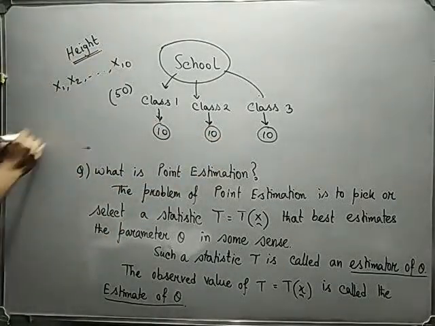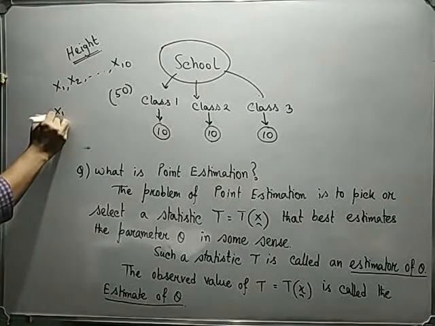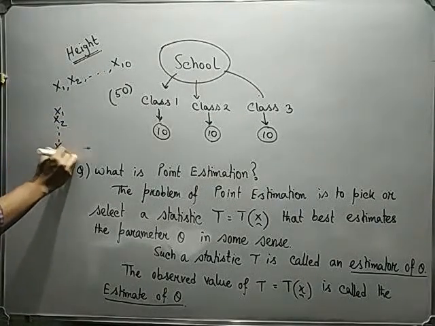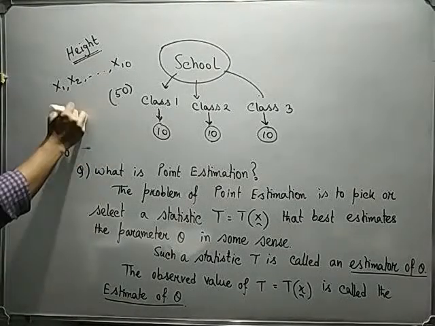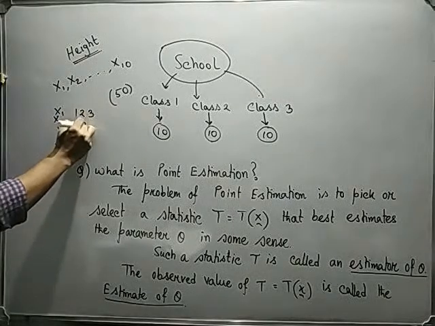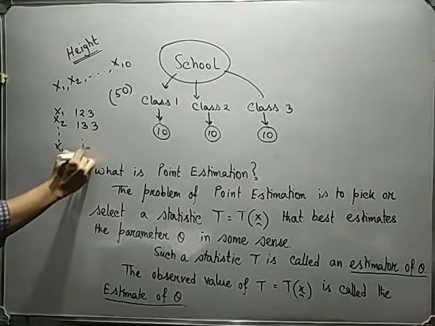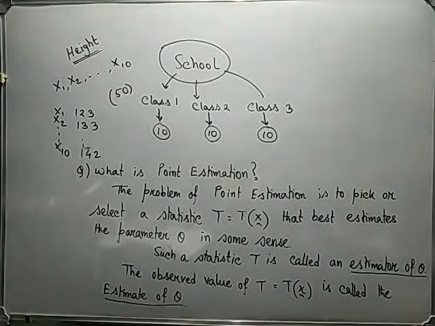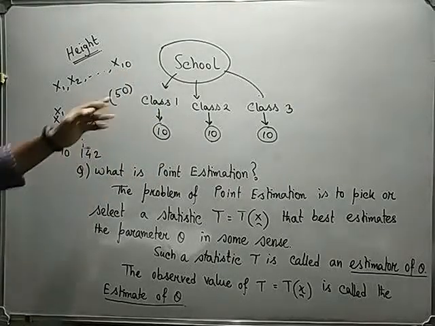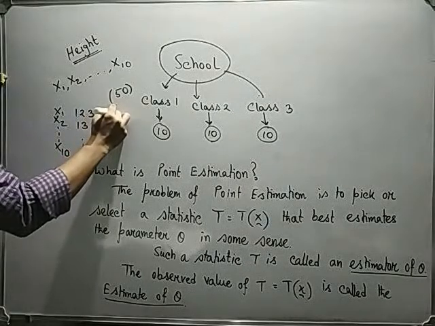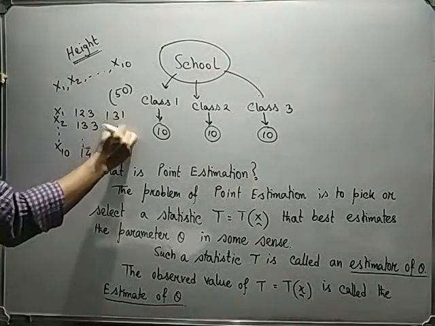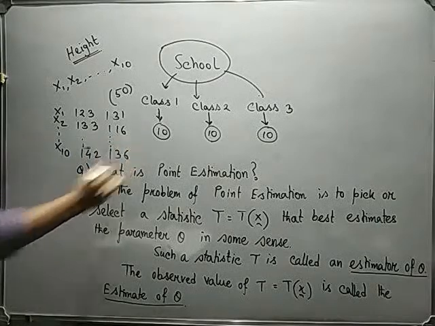For class 1, let's say the values are in centimeters: 123, 133, and 142. So these are basically heights in centimeters. For class 2 we can have different 10 values, like 131, 116, and 136, and so on.